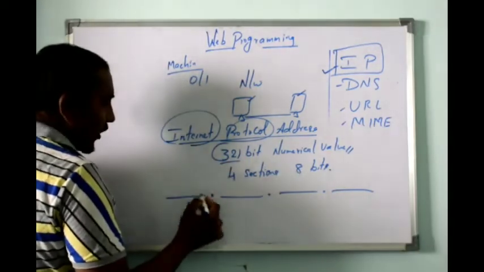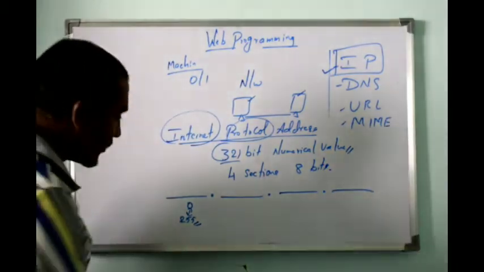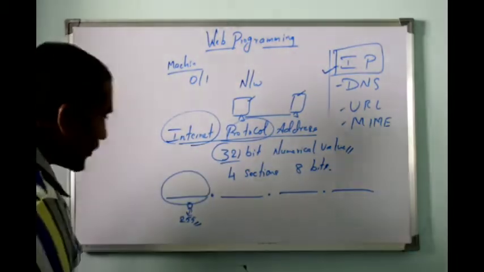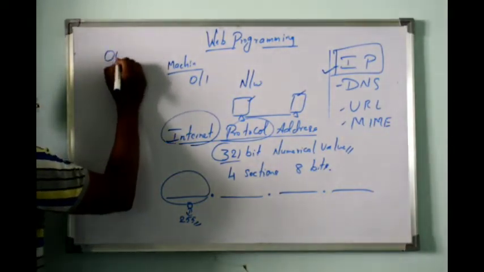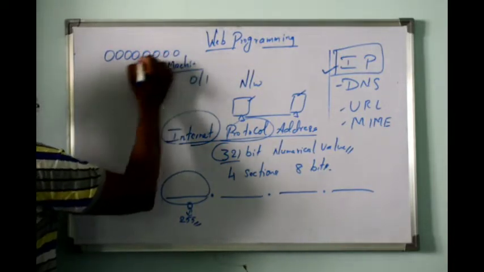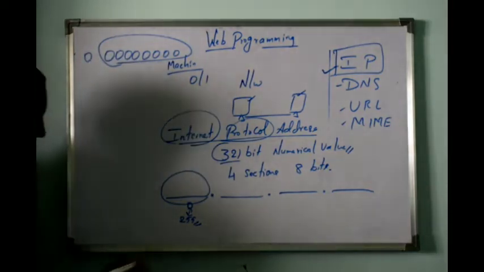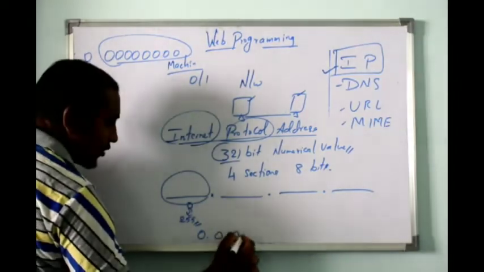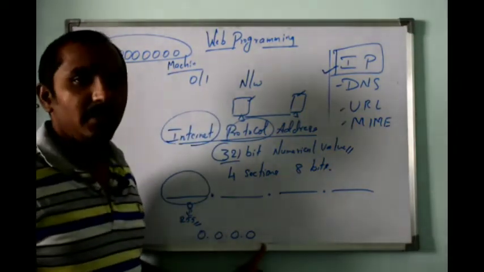In the first section, the first 8 bits will have some value. Suppose I write 8 zeros, this will represent one number, which is 0. So I can write the IP address as 0.0.0.0. This will be the IP address for me.